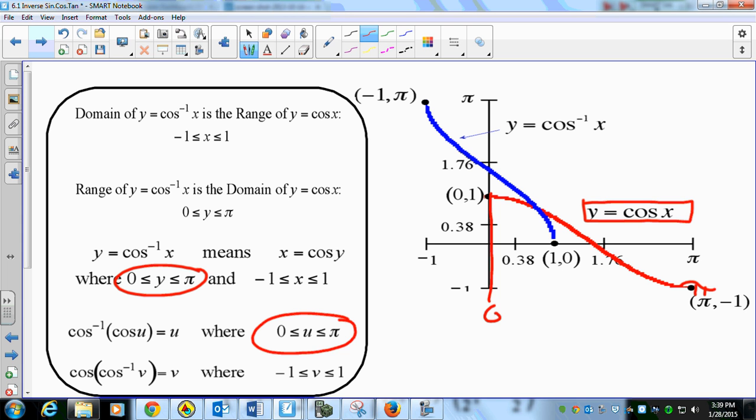And our range went from 1 to negative 1. So just like we went from 1 to negative 1 here and 1 to negative 1 there. Our inverse function, the function here in the blue, notice what was once our domain and range were flip-flopped: 0, 1 to 1, 0. And what was pi to negative 1, we get negative 1 to pi for our inverses.